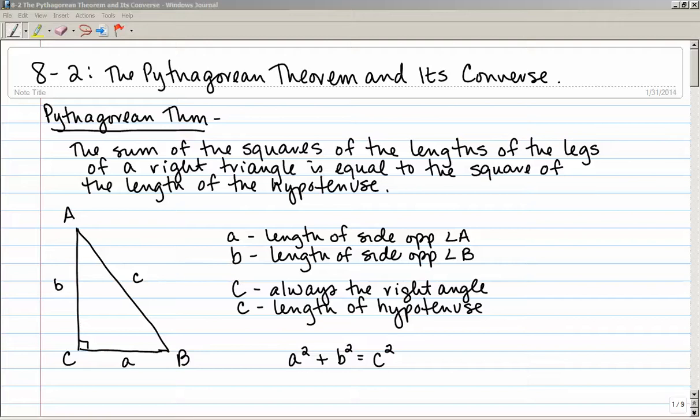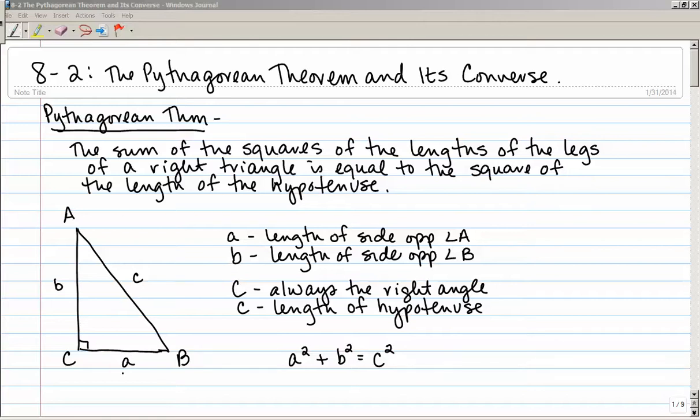So given a right triangle where the right angle is C, the hypotenuse is always the side across from the right angle. And in this case, remember the vertex is a capital printed C. The length of the hypotenuse is a lowercase printed c.